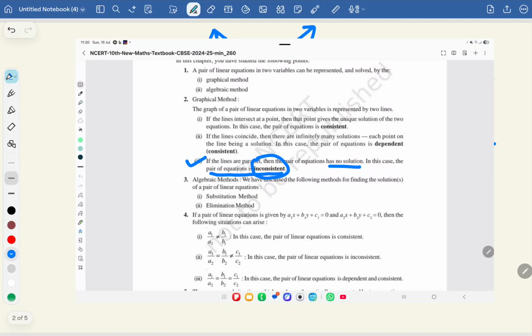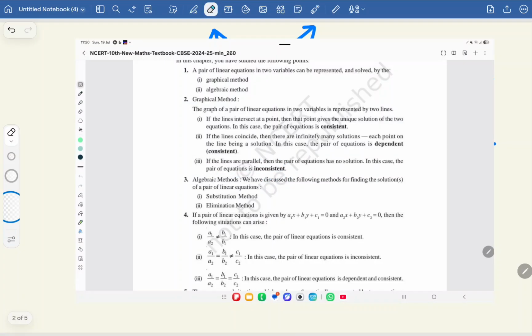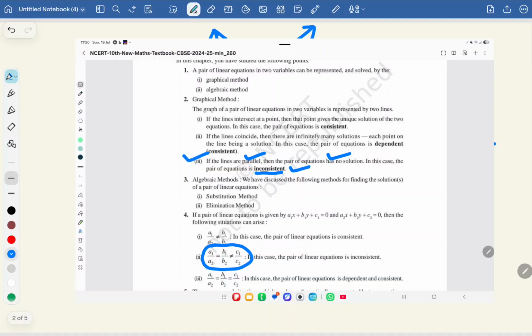See the third case: lines are parallel, it has no solution, the equations are inconsistent. For subdivision 2, the lines are parallel, so we can say the equations are inconsistent. See here, a1 by a2 equal to b1 by b2 not equal to c1 by c2. The pair of linear equations is inconsistent.